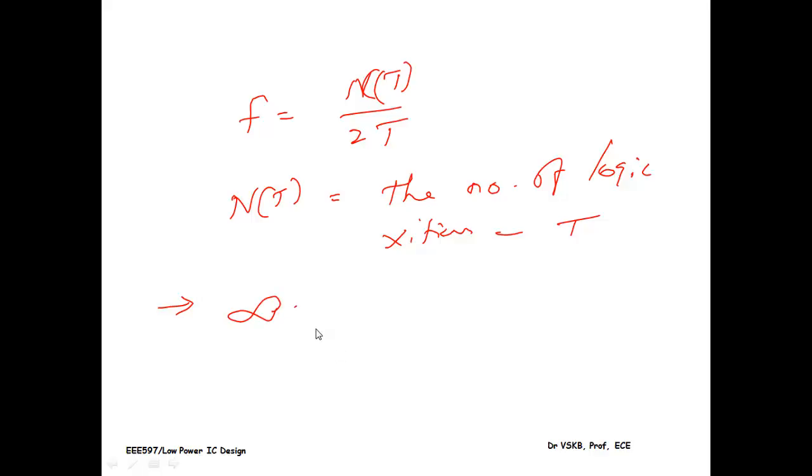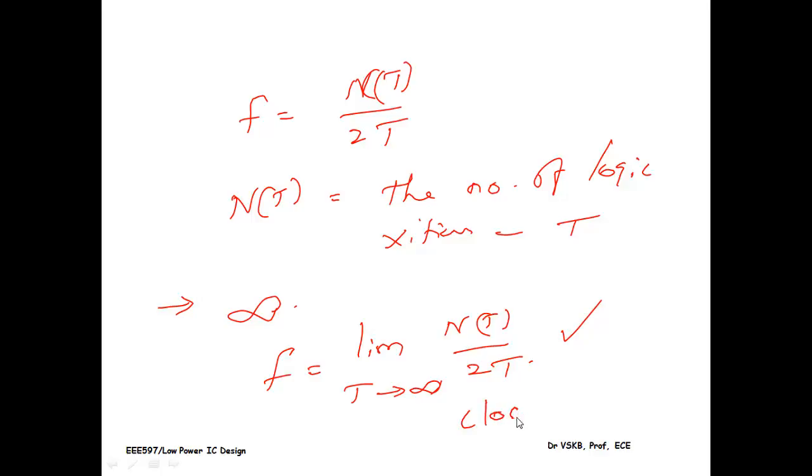In such a case, with the observation period of infinity, we would call this f as limit t approaches infinity of n of t by 2t. And naturally, though we talk of the continuous random logic model, we would normally have our clock signal, and our signals would be considered aligning with the clock signal switchings.